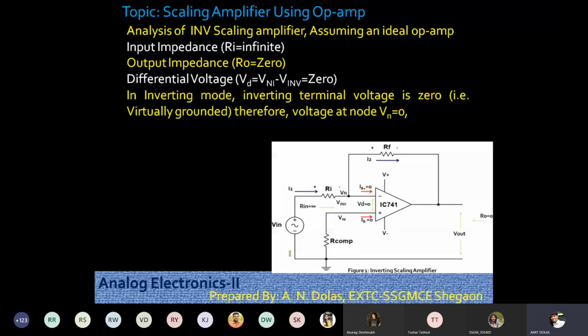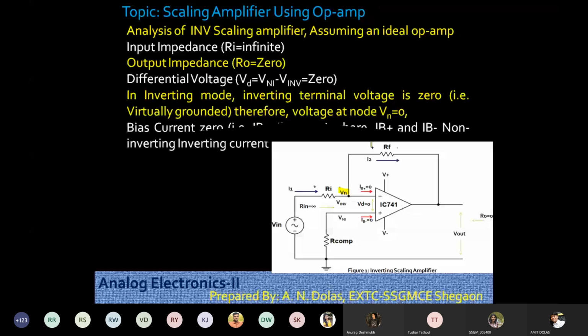That means Vn is equal to 0, which is the virtual ground concept. Bias current into the op amp is 0, that is IB plus and IB minus. By mistake I swapped the plus and minus on the PPT, so please adjust that in your notebook.